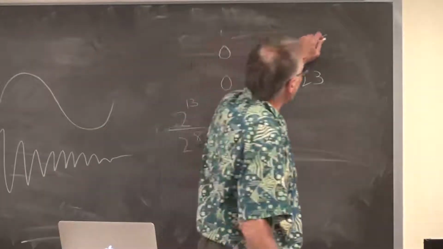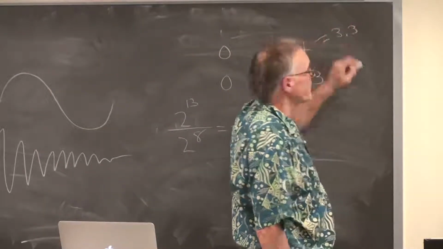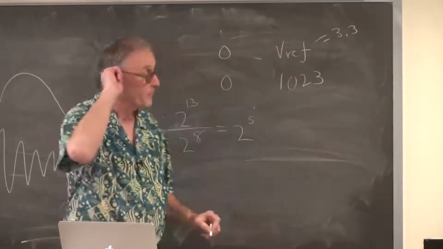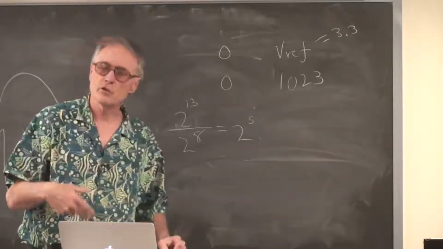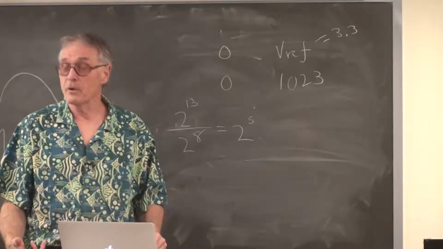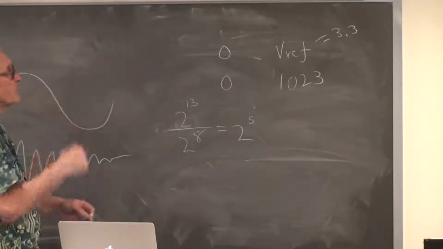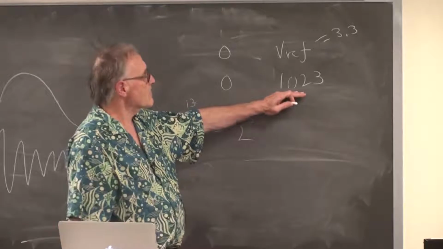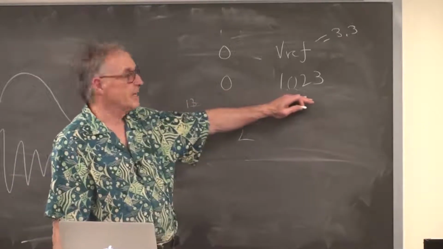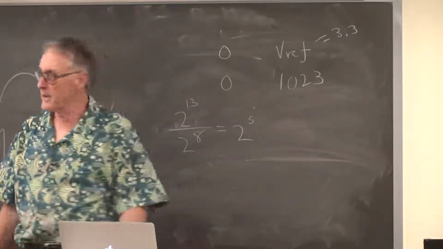Vref by default on our chip is 3.3 volts. It's actually VDD. You might want to measure that on your particular chip, on your particular regulator, if you want very high accuracy. But basically, the output of the ADC is an integer between 0 and 1023.